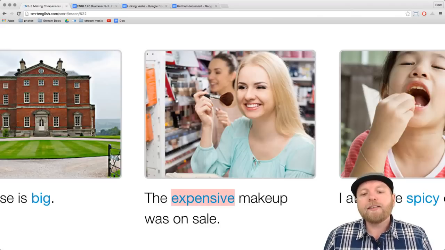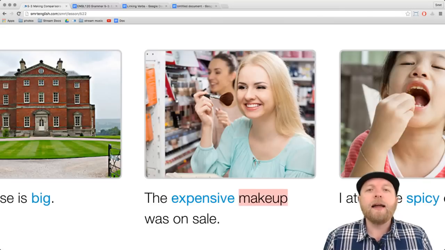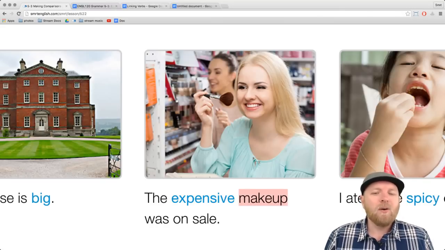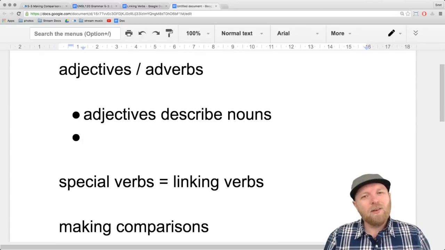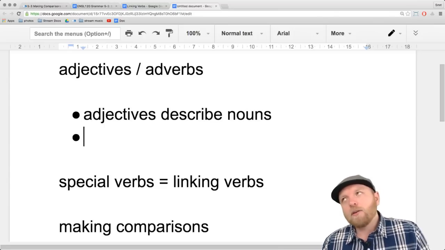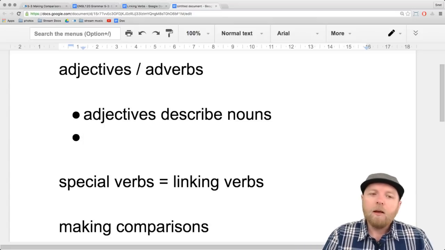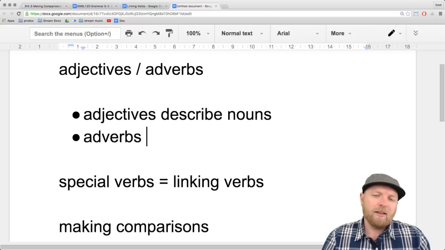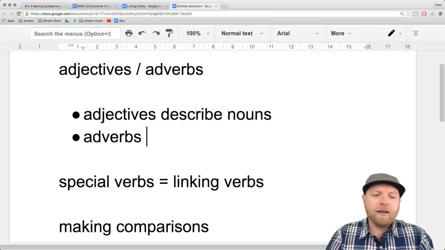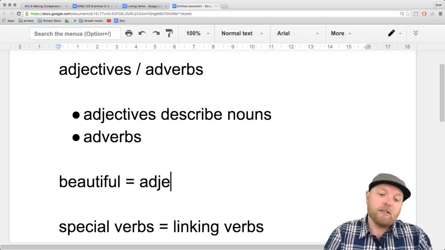So here, expensive is an adjective, and it's describing the noun makeup. So I think you guys understand that, okay? Most students in my classes understand that adjectives describe nouns. But they don't understand adverbs usually.